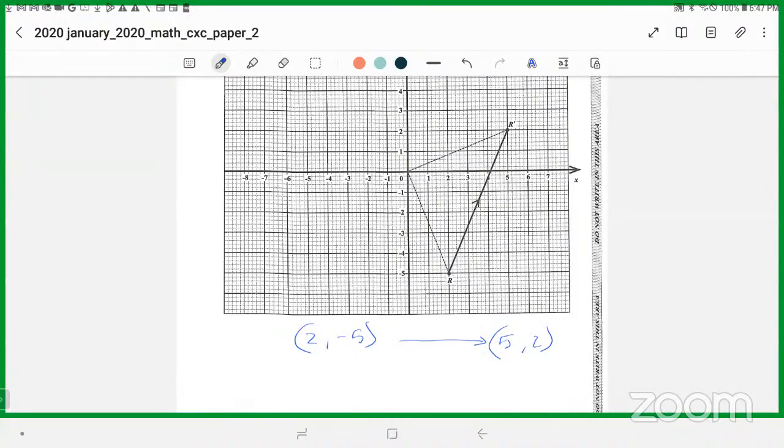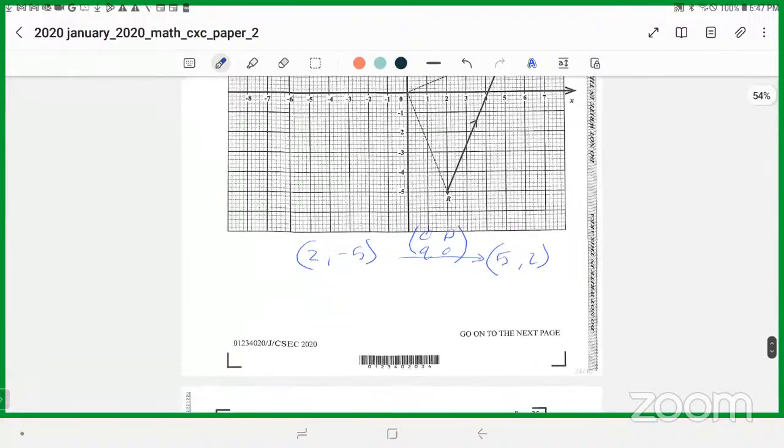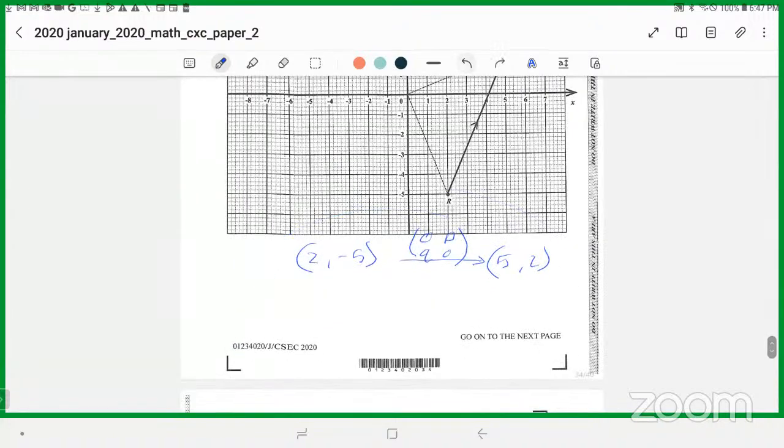with the matrix 0, P, Q, 0. That's the situation right now. It means that you multiply this point by this matrix, and the result is that point.